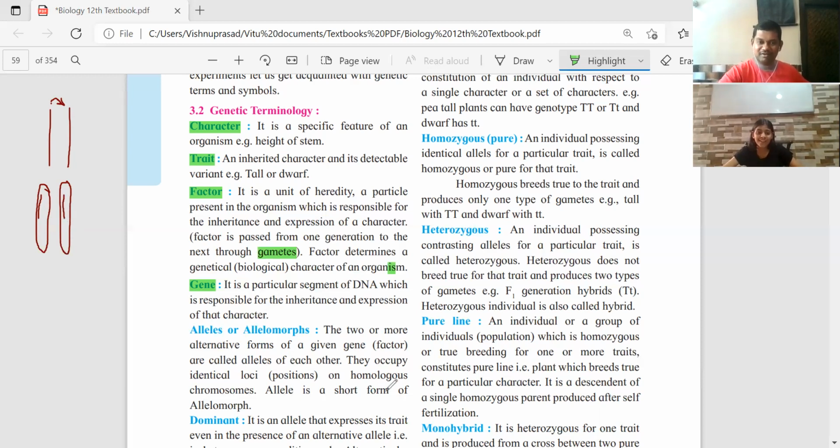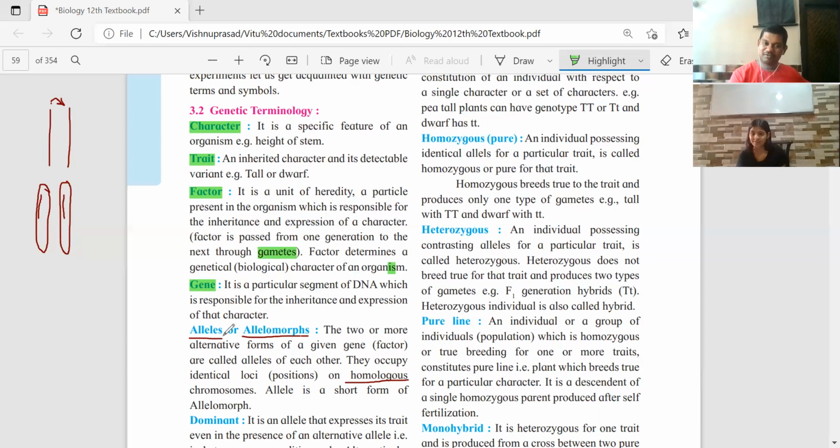Then we call it homologous. Homo means identical or uniform. Logos has come from the word loci, that is position. So the actual word is allelomorph. But in short, we can call them alleles.